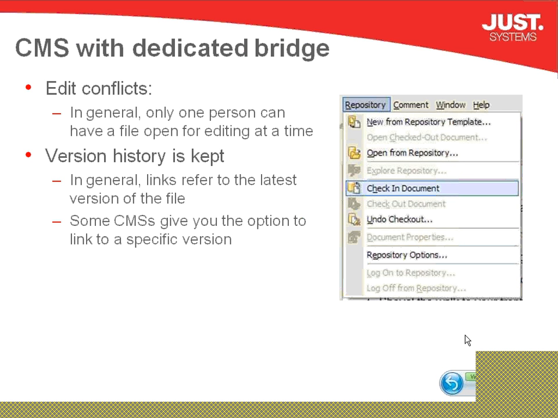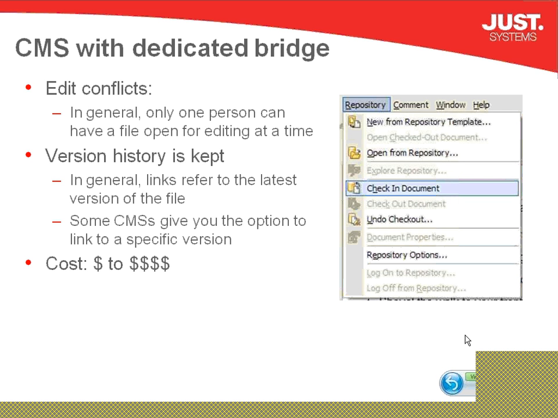Version history is going to be kept. It's going to be robust, and it's going to be compatible with linking. In general, links are going to refer to the latest version of a file. So if you check in a new version of a file, you usually want to link to that one, not an older version of the file. And in some content management systems, you can do that.